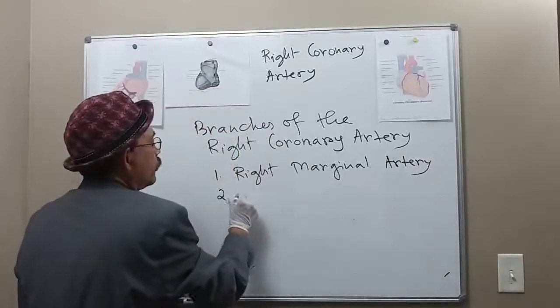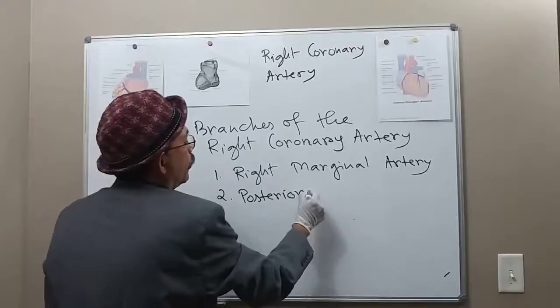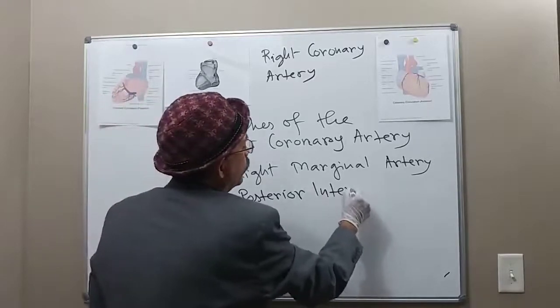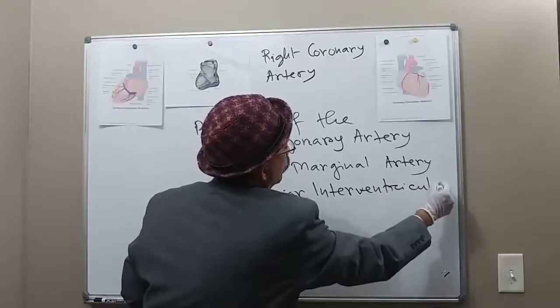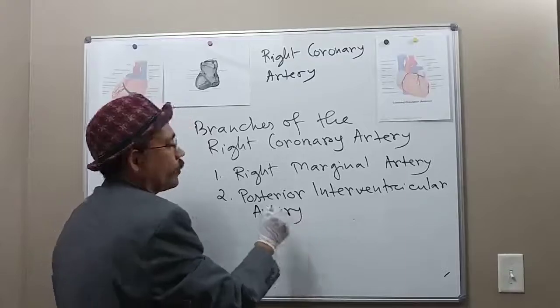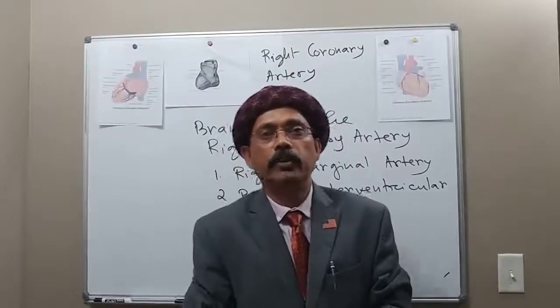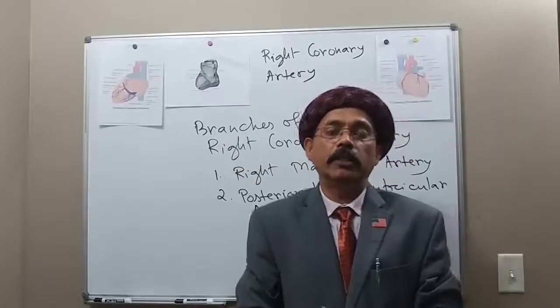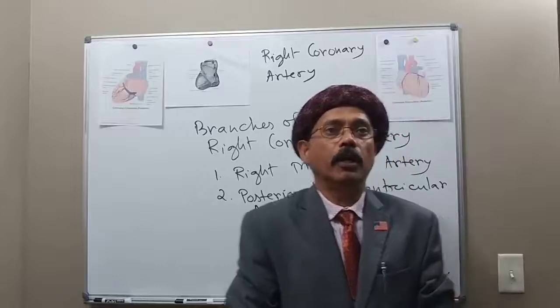Another one is the posterior interventricular artery. So we have two major branches: the right marginal artery and the posterior interventricular artery.